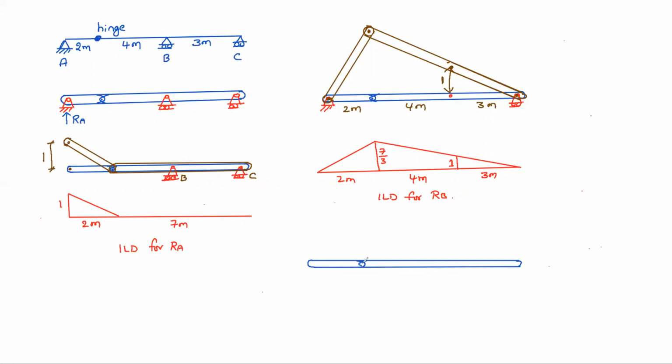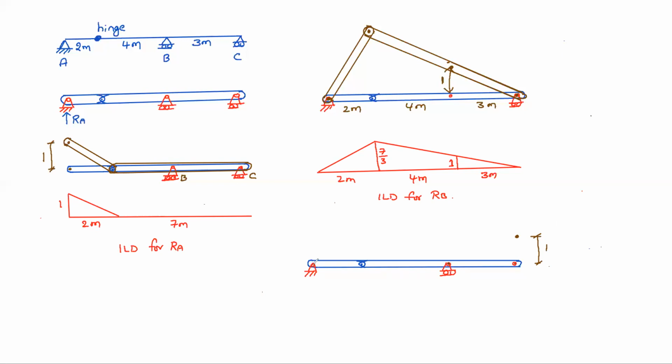Here hinge. Now support at A is there. Support at B also is there. I removed support at C. Then I'll give unit displacement at C. That means this point goes here, 1 unit. Keep in mind, at B support is there, it cannot be dislocated.